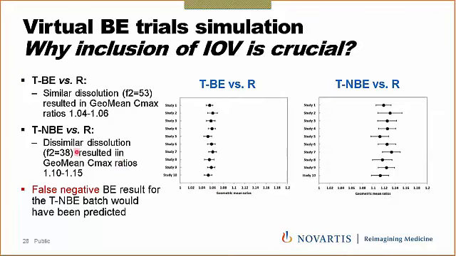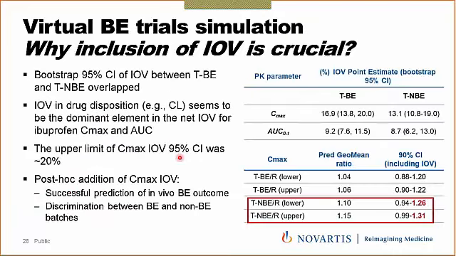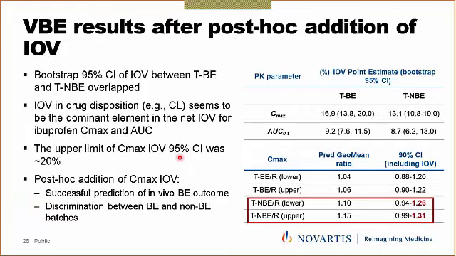Whereas, even though we had the similar dissolution between the reference and the non-bioequivalent formulation, the Cmax ratios predicted based on the PBPK were between 110 and 115, which would lead us to a biased result of bioequivalence where we would know a priori that this was not the case in vivo.